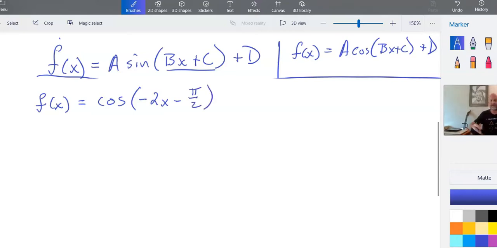Let's see what you can do with that. Go ahead and pause it and see what you can get, and then we'll take a look and see how it actually pans out. There's a lot of negatives in that, aren't there?